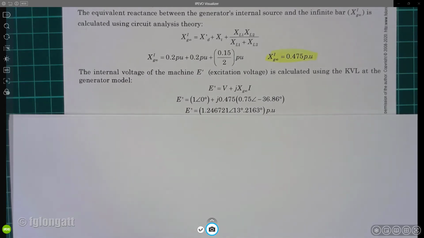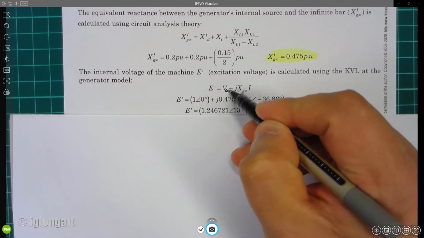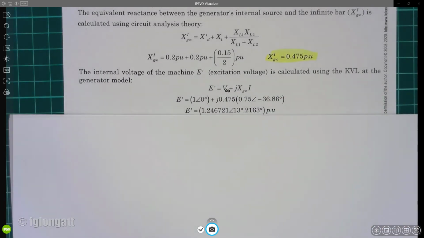We can apply Kirchhoff's voltage law for the generator: the internal voltage is the terminal voltage plus the voltage drop across the transmission system plus the voltage at the infinite bus bar. This is the voltage at the infinite bus bar, as you can see from here.